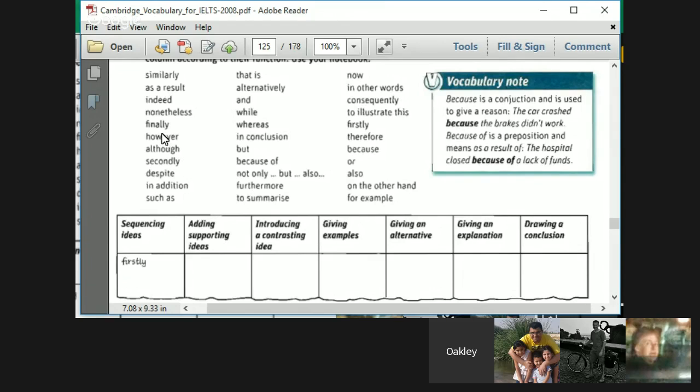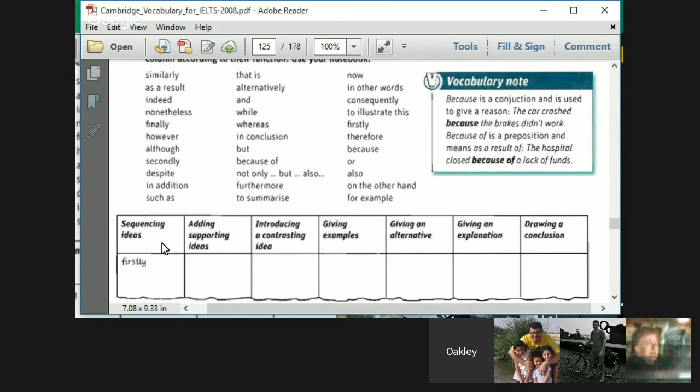Ken, we're on finally. What do we use finally for? Sequencing idea. Absolutely.